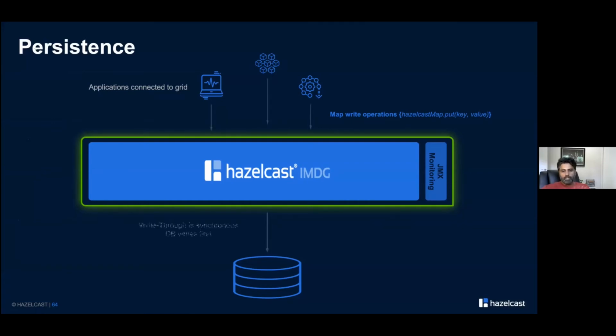One is write through, which is a synchronous process, where when your applications write something, Hazelcast first tries to commit this into the database. Before the transaction is committed into the Hazelcast store, it is first sent to the database for commit.